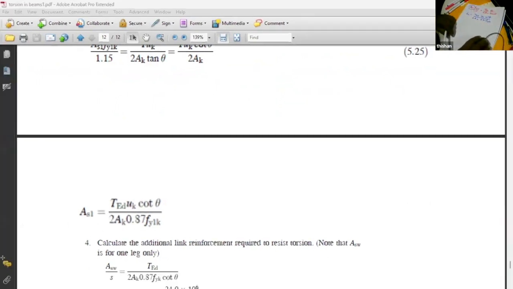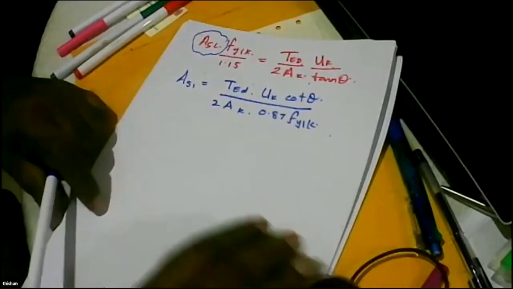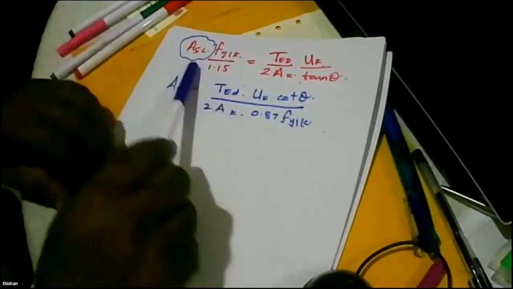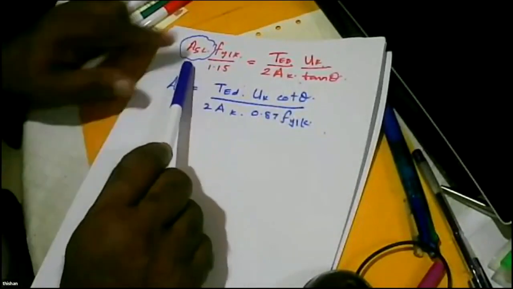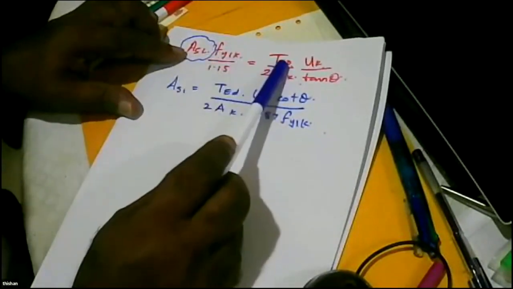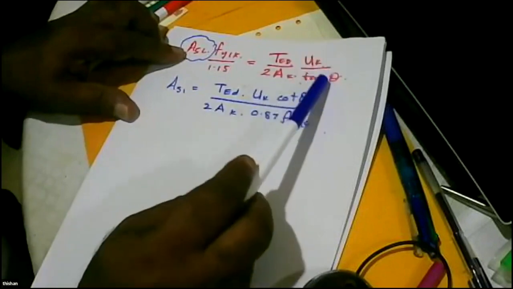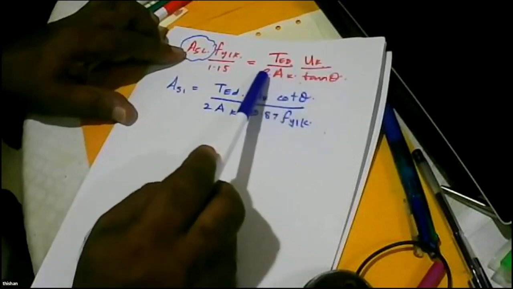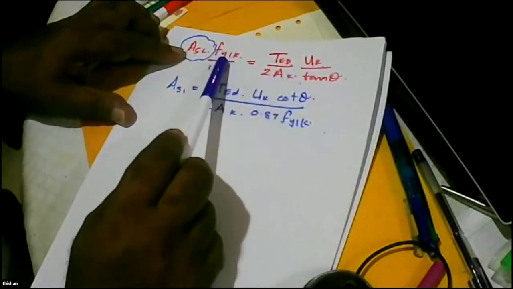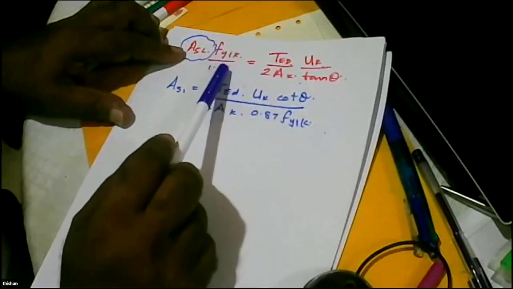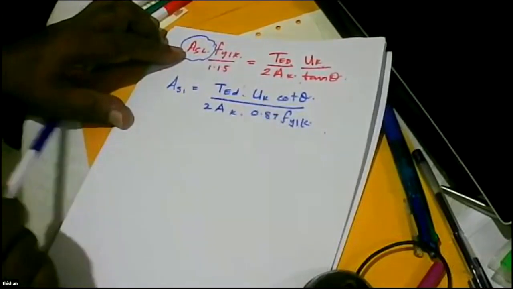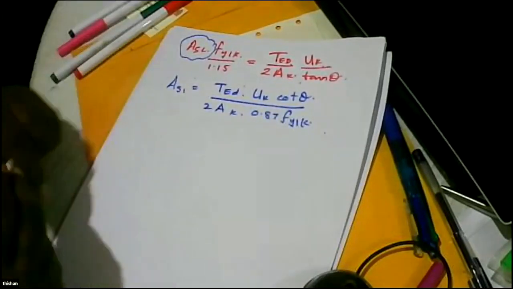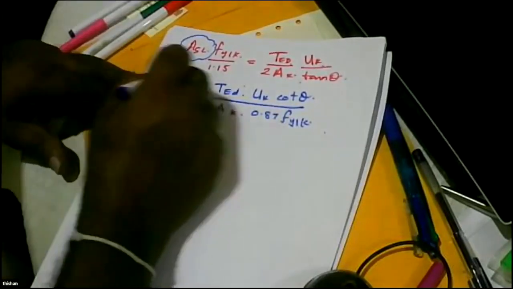If I stop sharing, you can look at the white sheet. This is the equation that I have written from earlier: Asl is equal to Ted uk, 1 over tan theta is cot theta, over 2Ak, fyk divided by 1.15 means 0.87 fyk. So this is the equation that we need to find the longitudinal reinforcement.